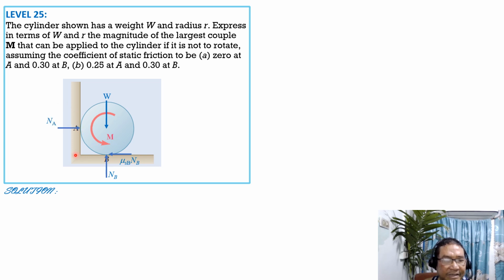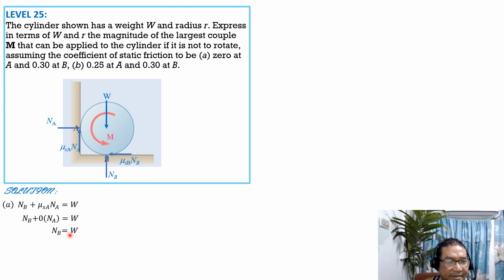Then friction, which is opposite to moment, so it is upward, mu sub SA times N sub A. So first, summation forces vertical equals 0. So N sub B plus mu sub SA N sub A equals W. Since mu sub SA is 0 in part A, N sub B plus 0 equals W. So that means N sub B equals W.